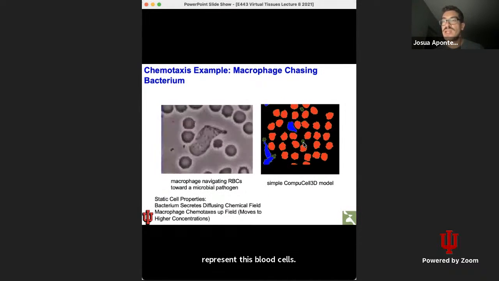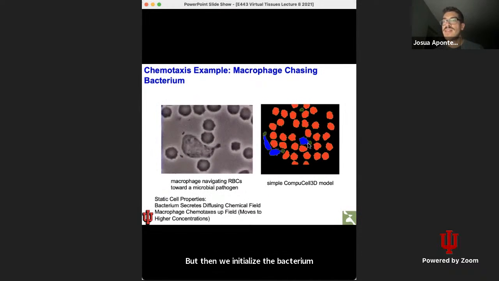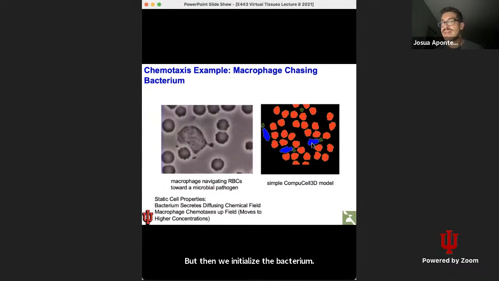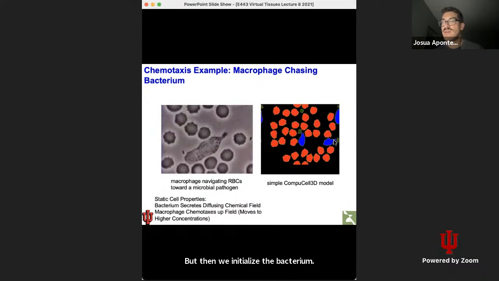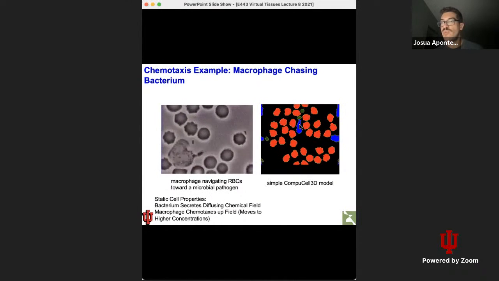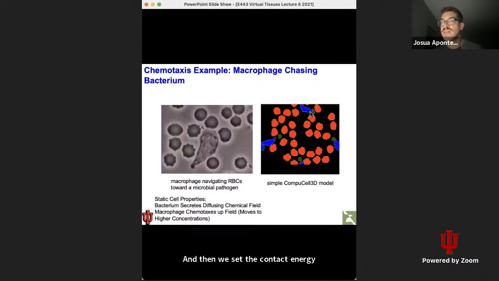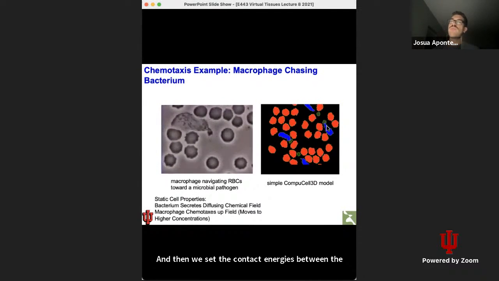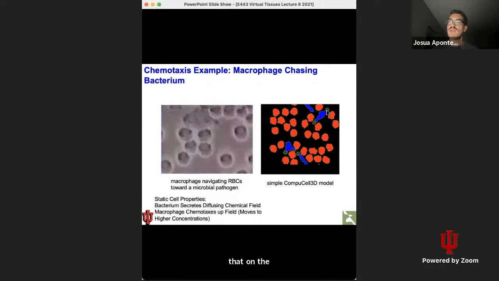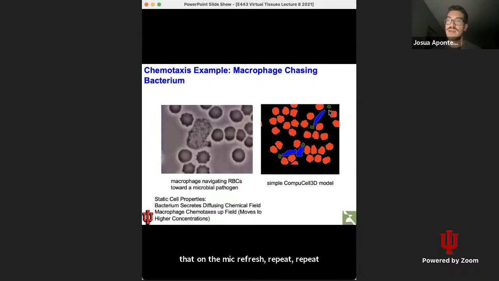But then we initialize a bacterium that secretes a field that attracts the macrophage. And then we set the contact energies between the bacterium and the macrophage such that the macrophage repels the bacteria.